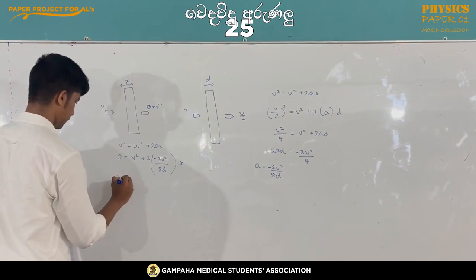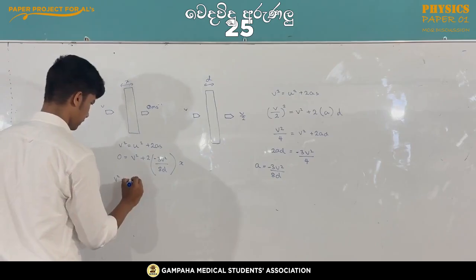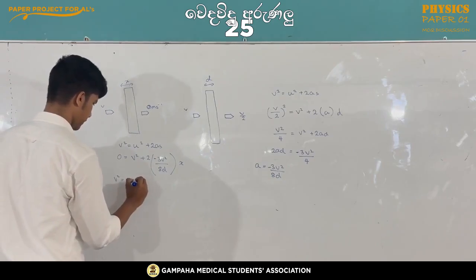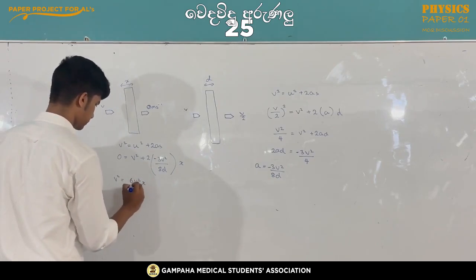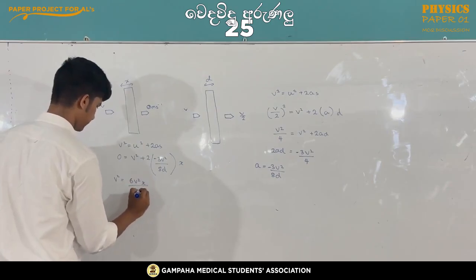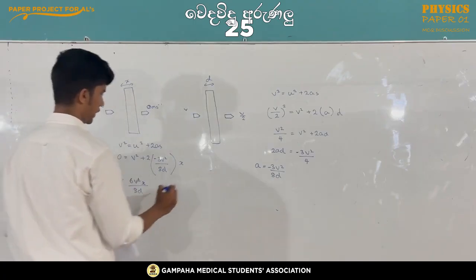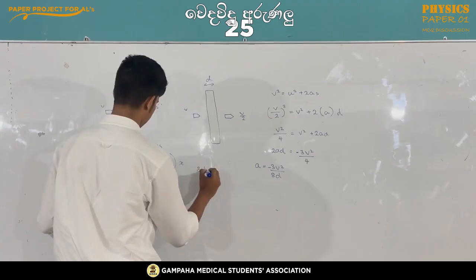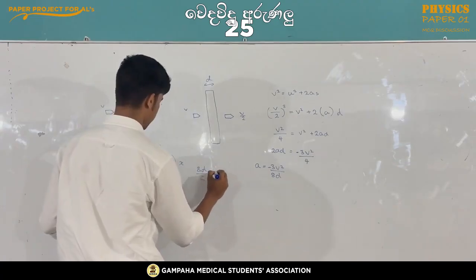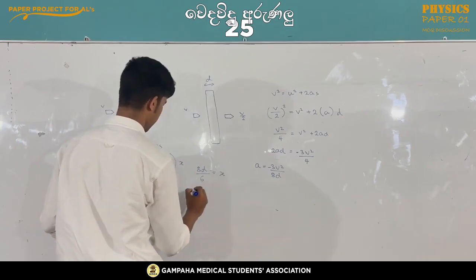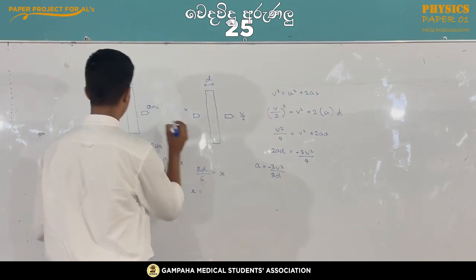So V squared is equal to 6 V squared x over 8d. We can cut off V squared, then 8d over 6 equals x. X is equal to, we can divide 8 by 6.